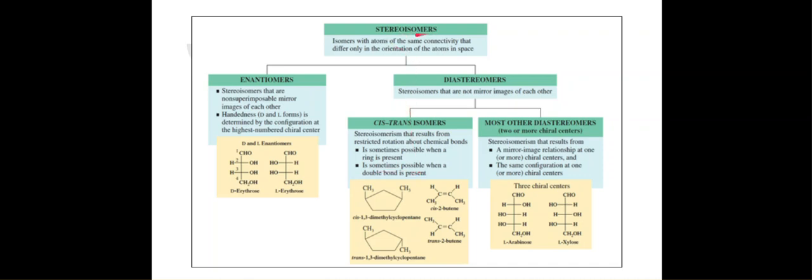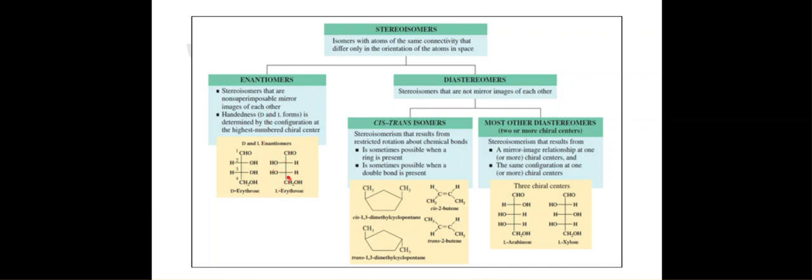So stereoisomers, this kind of shows you the categorization of this. Stereoisomers are isomers with the same connectivity, the same molecular formula, but they differ in their orientation of the atoms in space. What we're talking about tonight is enantiomers, which are stereoisomers that are not superposable on mirror images of each other.